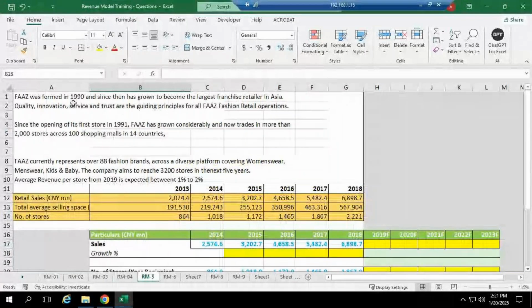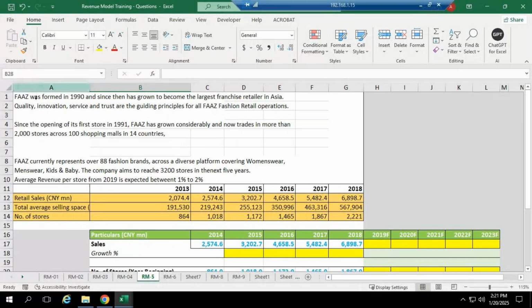FAS was formed in 1990 and since then has grown to become the largest franchisee retailer in Asia. Quality, innovation, service, and trust are the guiding principles for all fast fashion retail operations.